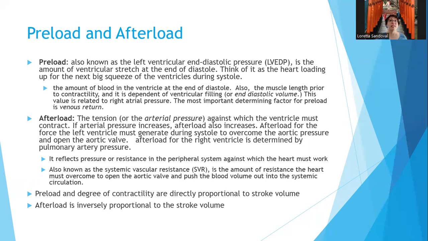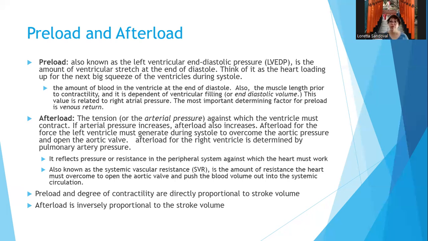The amount of blood in the ventricle at the end of diastole is known as the end diastolic volume. It's also the muscle length prior to contractility, and it's dependent on ventricular filling. So the amount of blood in the ventricle is related to right atrial pressure, and the most important determining factor for preload is venous return.